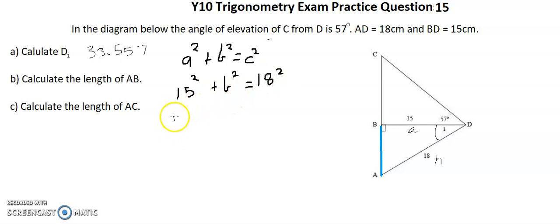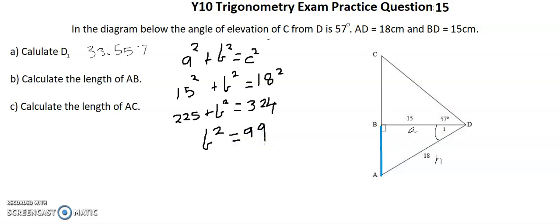I know 15 squared is 225, plus B squared is equal to 18 squared, which is 324. I'm going to take away 225 from both sides, and that gives me B squared as 99.